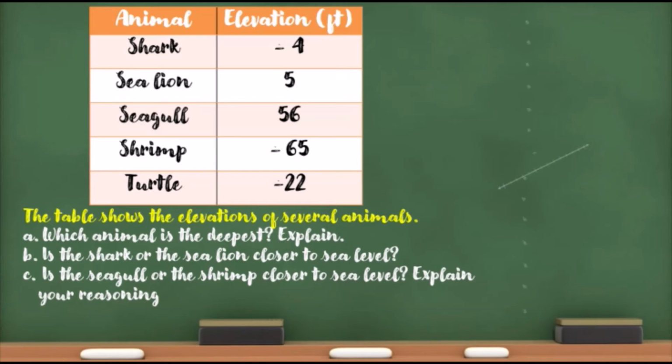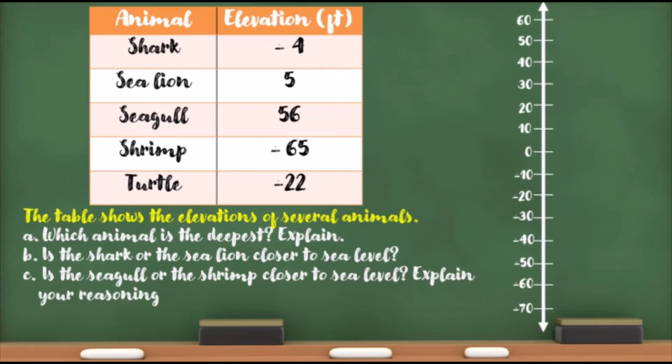Let's graph its elevation. Shark is -4. Sea lion is 5. Seagull is 56. Shrimp is -65. And turtle is -22. Let's answer what are being asked in the problem.